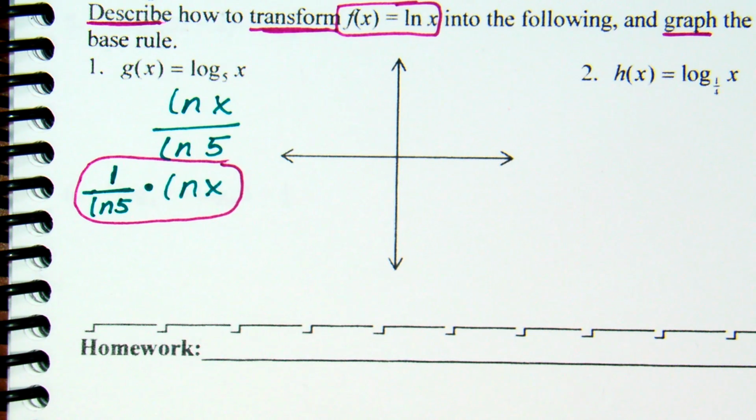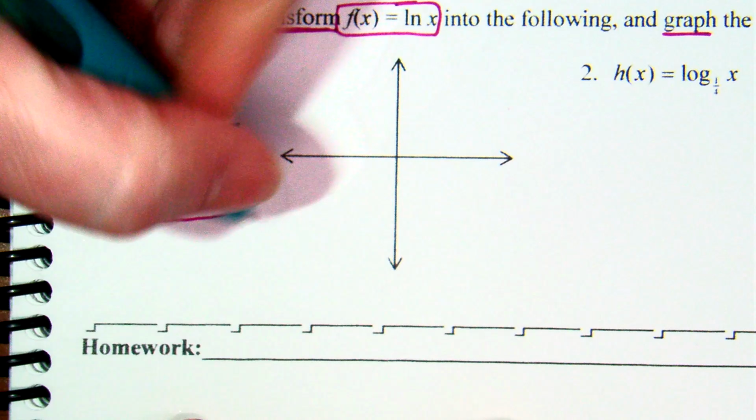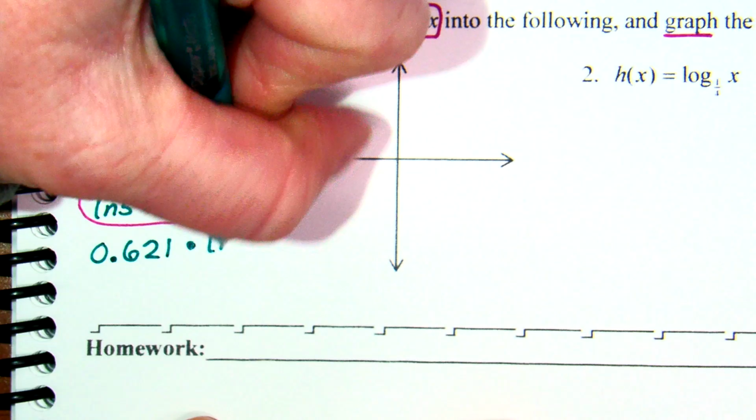So what is 1 divided by natural log of 5? You all have calculators. It's 0.621. So this is 0.621 times natural log of x. What type of transformation is that?